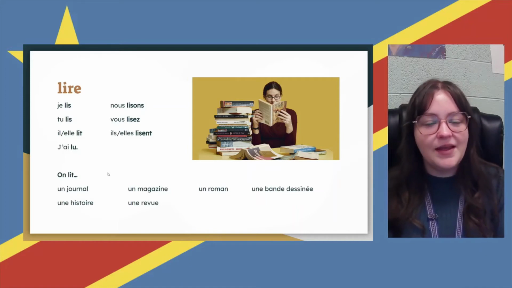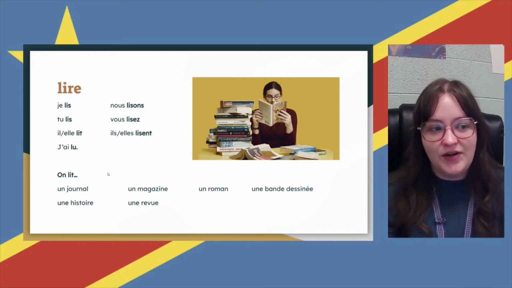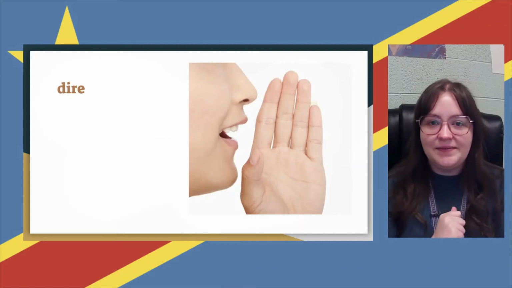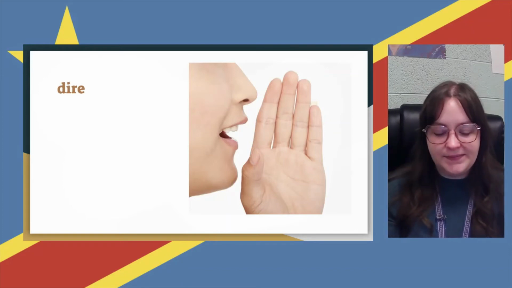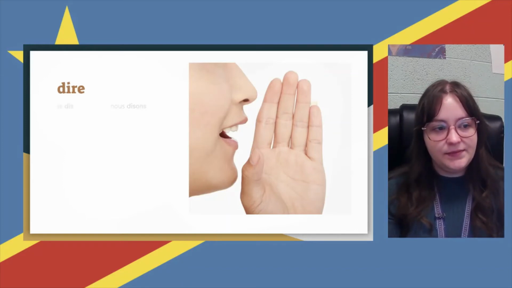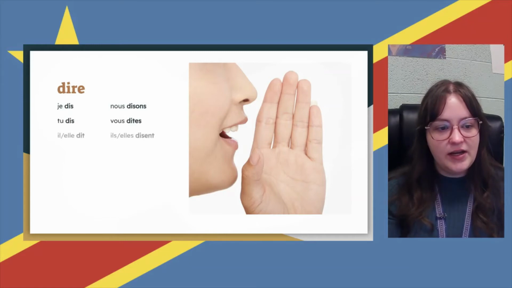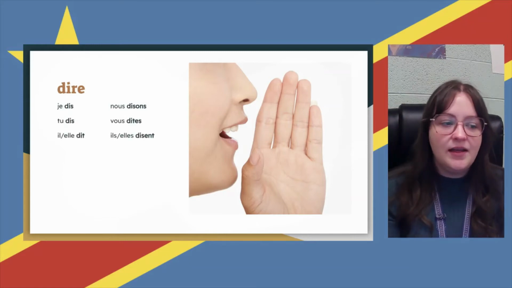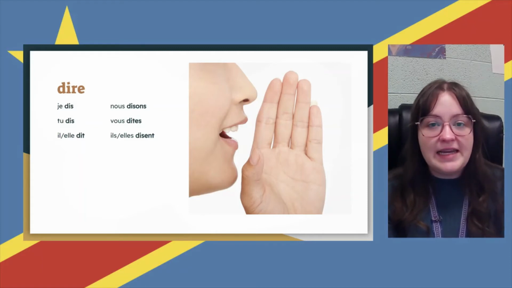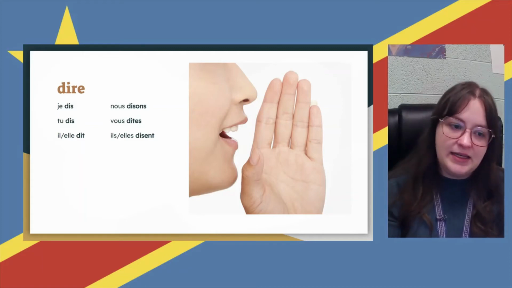Okay. Moving on, next verb. Dire. Dire means to say or to tell. And it is conjugated like this. Je dis, tu dis, il elle dit, nous disons, vous dites, ils elles disent.